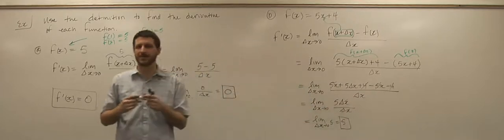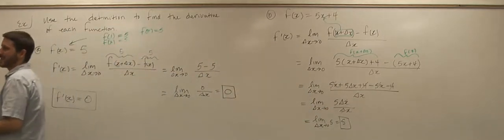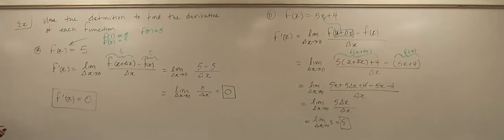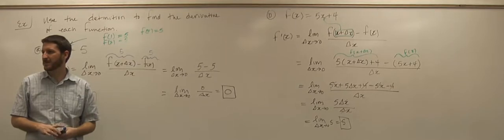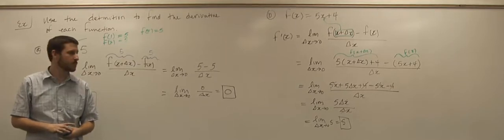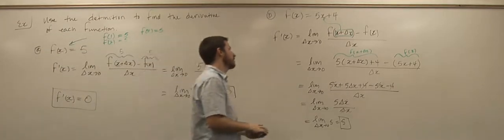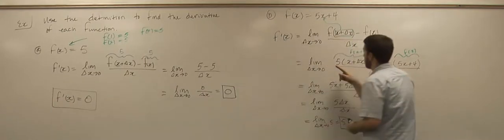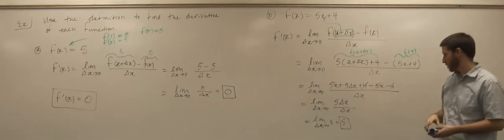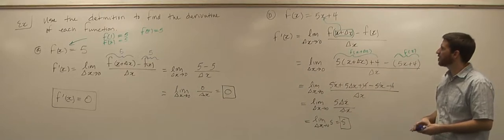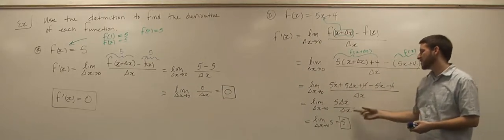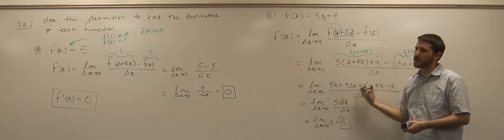Like if it was harder, can you push the limit through? Like how the 4 would just be 0 on 5x plus 4 at the top? No, really, until you get rid of this delta x in the bottom, we can't push anything through.